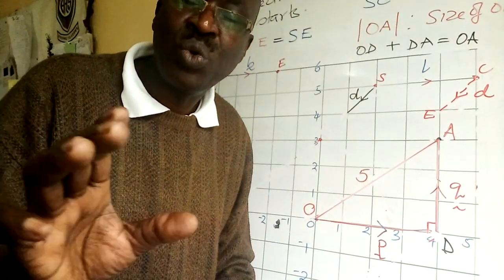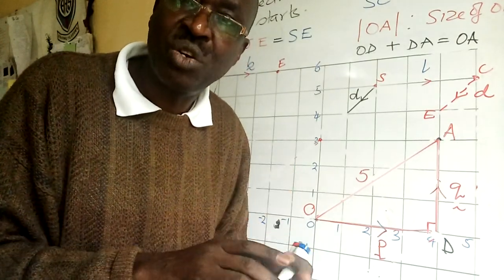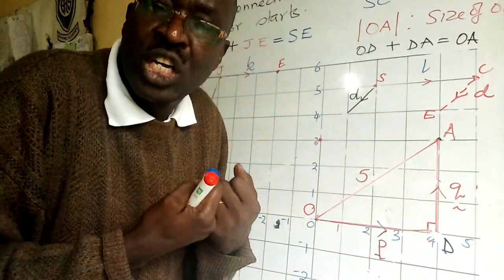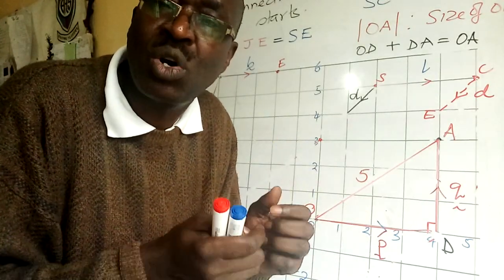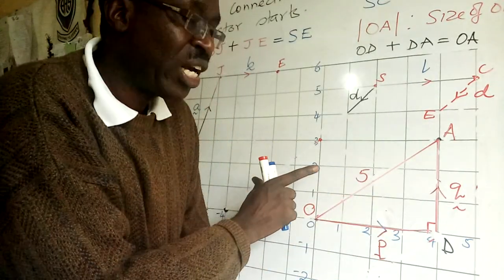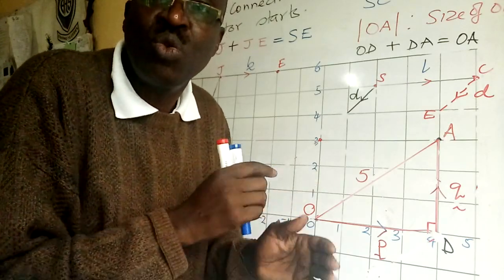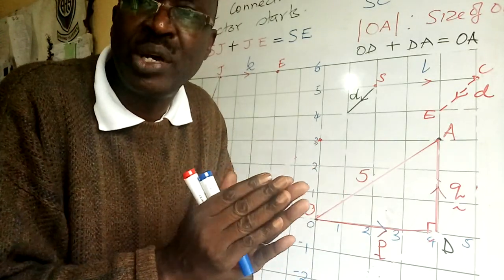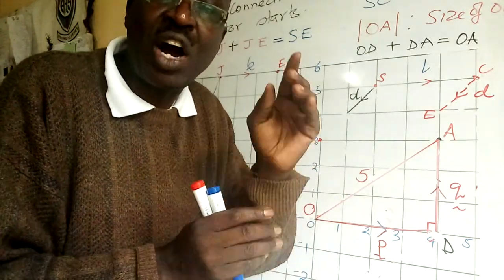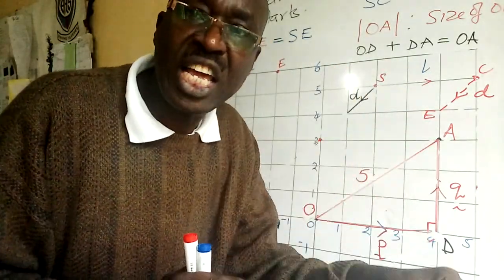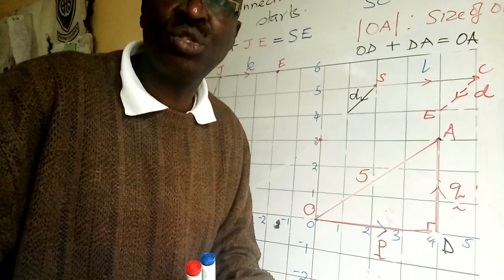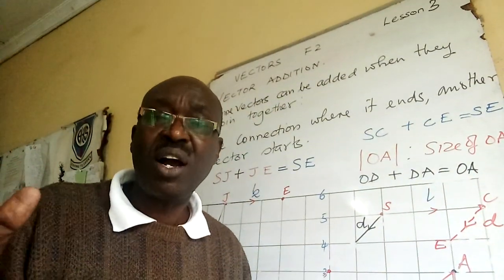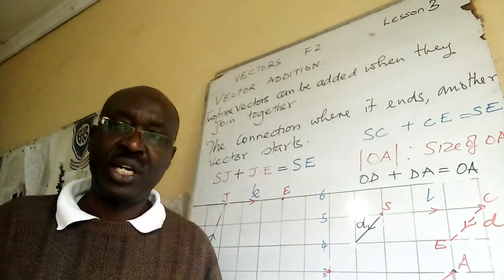Next lesson, we shall do still vector addition, but borrow some movement with respect to the Cartesian plane. Because you see, I have introduced the Cartesian plane, so we should be able to borrow those movements. When we talk of a point, it has a movement. We shall connect those so that you are comfortable right from the beginning.